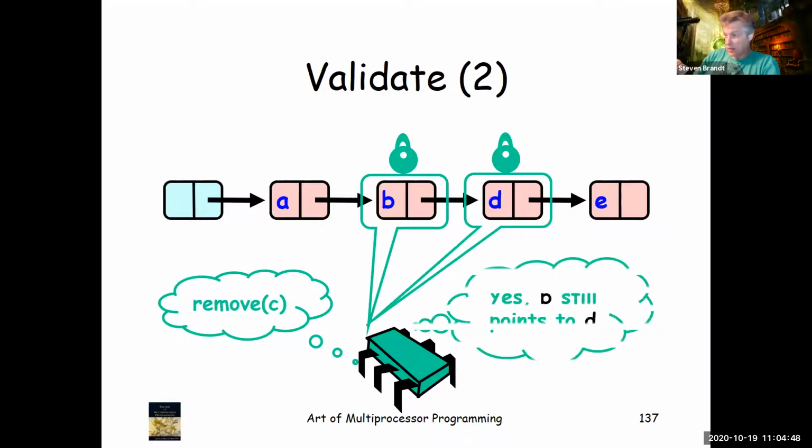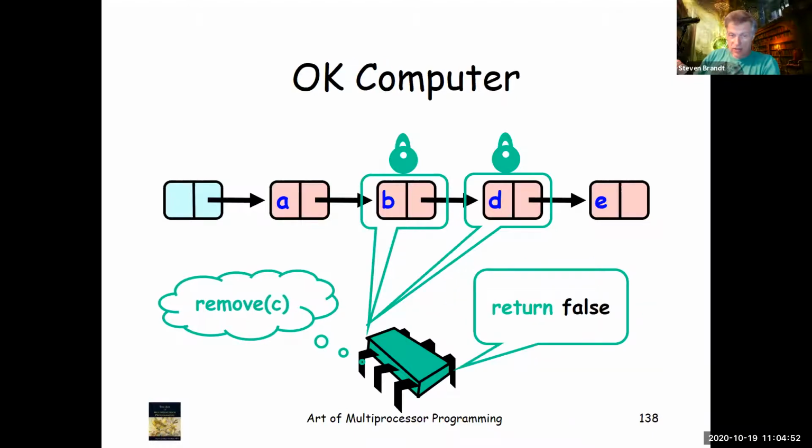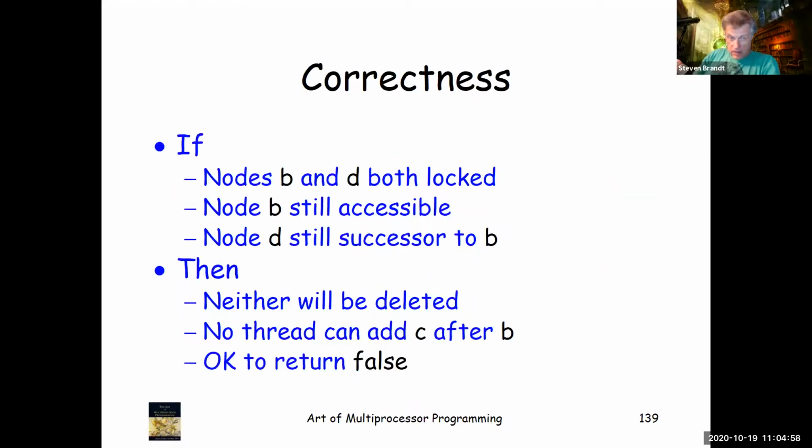And then we go to remove C. So that's going to fail because there is no C. And so correctness, as I said, if B and D are both locked, B is still accessible, and D is still the successor as before, it's okay. No thread can add C after B while we've got all of that.